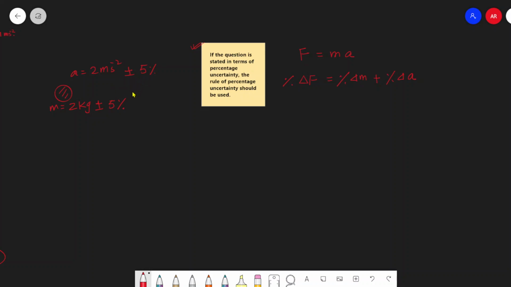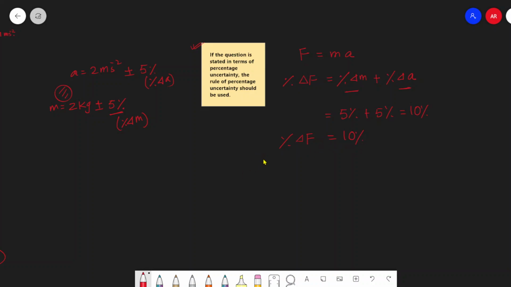This is the percentage uncertainty of mass and this is the percentage uncertainty of acceleration, as stated. We are just going to add up the percentage uncertainty of mass and acceleration to get the percentage uncertainty of force, which is 5% plus 5%, and it is 10%. So we have got the percentage uncertainty of the force, which is just 10%.